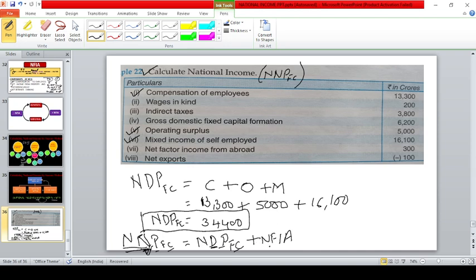So only NFIA will be added to NDP at factor cost, which equals 3440 plus NFIA, which is 300, which will come as 3740 rupees in crore. That is our NNP at factor cost, that is nothing but the national income.